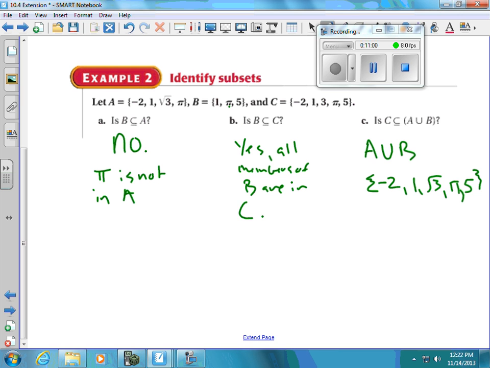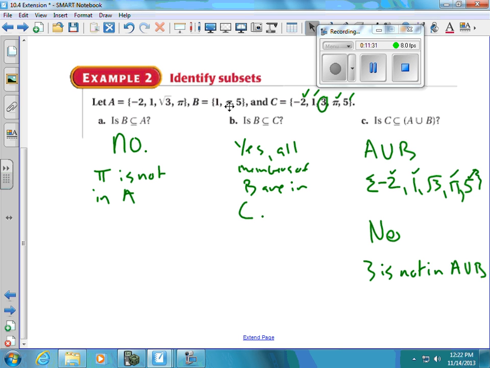Well, here's C. -2 checks for both. 1 checks for both. 3 does not. 3 is in C, but it's not in A and B. The other ones, they all work. So all it takes is one value to be off, and it won't work. So the answer to this one is no. 3 is not in A and B. Okay? So that's subsets.